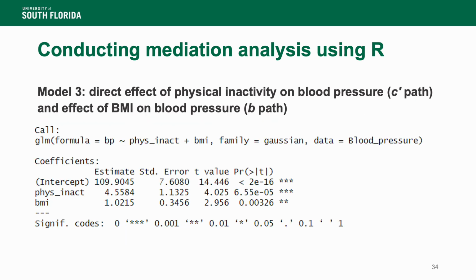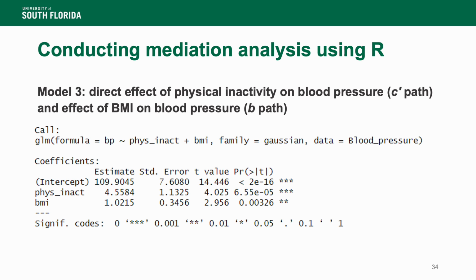Here we see the output from model 3. The intercept of 109.9 indicates that individuals who are physically active, our reference group for physical inactivity, and have a BMI of 0, on average have a blood pressure value of 109.9. The coefficient for physical inactivity of 4.55 indicates that individuals who are physically inactive, on average, have a 4.55 higher blood pressure value compared to individuals who are physically active when holding BMI constant.